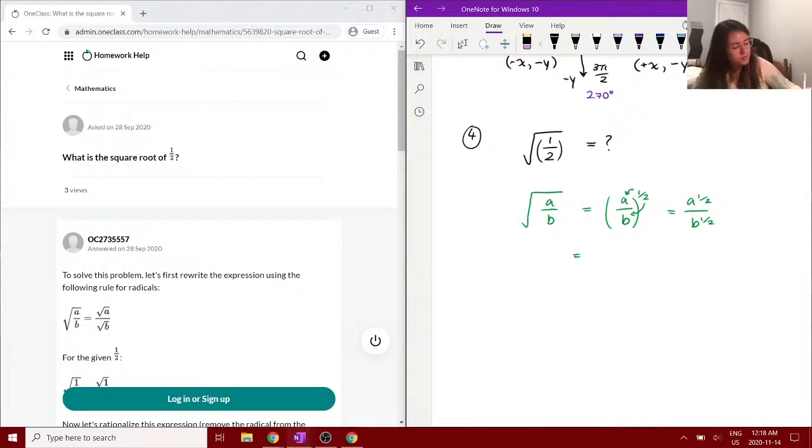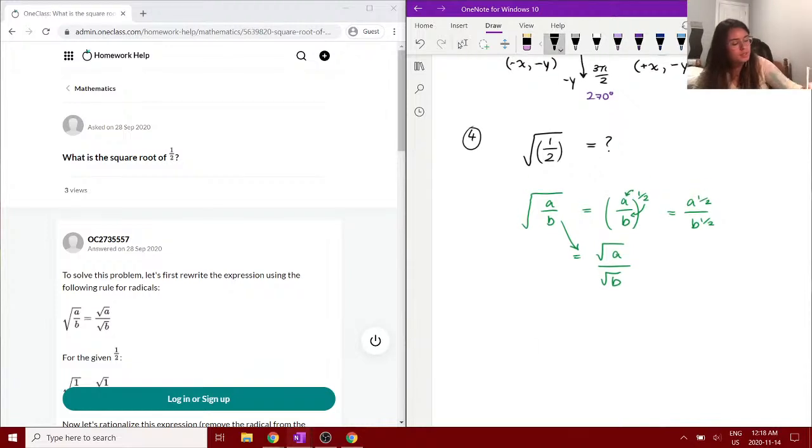Or you can also think of it just going straight to this step. Instead of a divided by b all within the square root, you have square root of a over square root of b. Okay, so that's the rule.